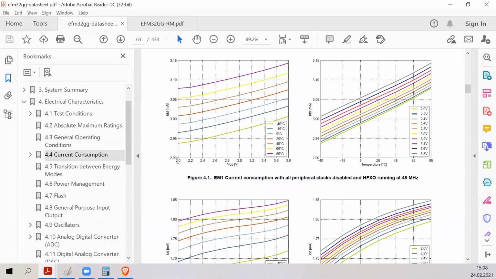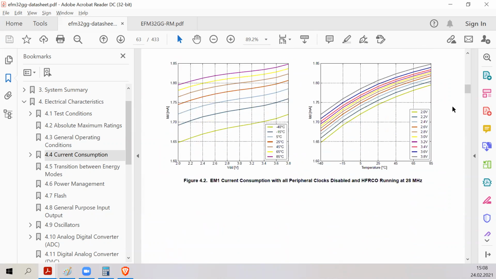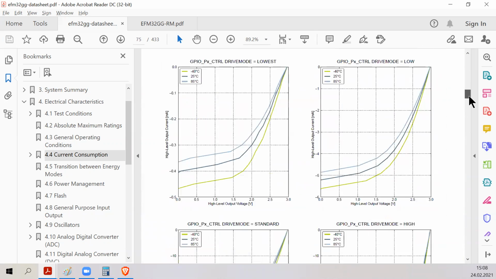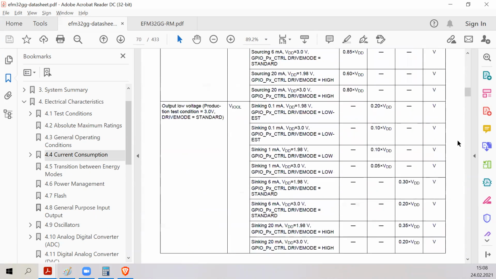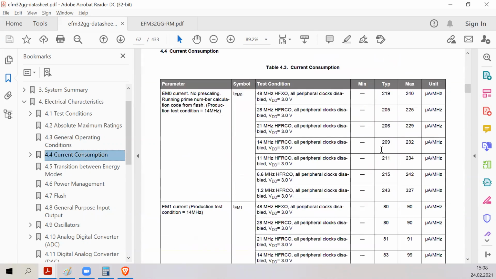And also at lower voltage, consumption is smaller, and at higher voltage, the power consumption is bigger because of the leakage and resistance. Okay, so where were we? Current consumption here.